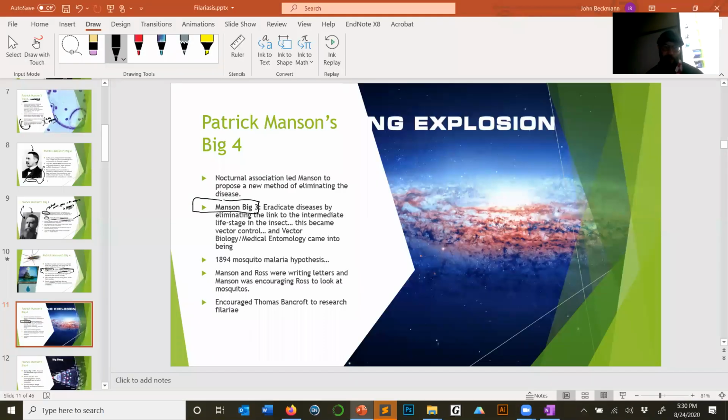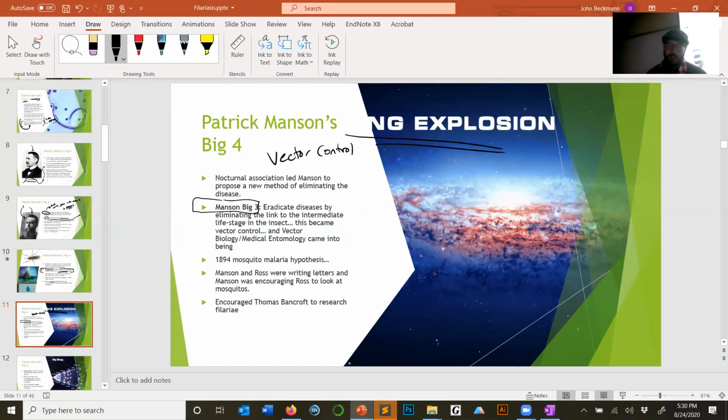So he was the first person to posit vector control, vector control as a means of controlling disease. So that means, in order to control filariasis or in order to control malaria, you kill the vector, you kill the mosquito. And so this was like a big, I have a picture here of the Big Bang. This was like a big explosion, a new thought occurring on the earth, the idea that we can limit transmission of pathogens by killing the thing that spreads them.